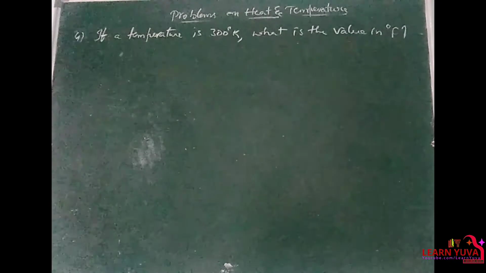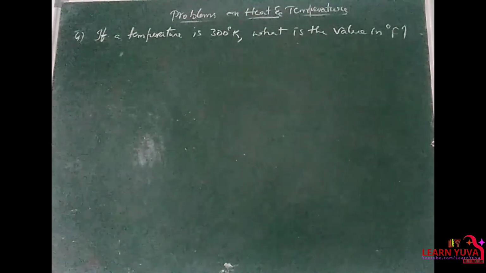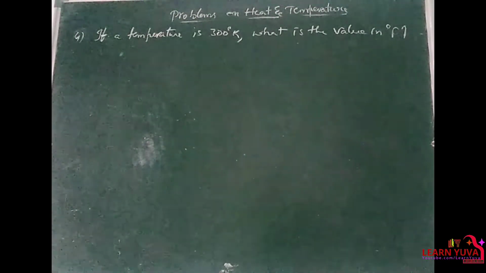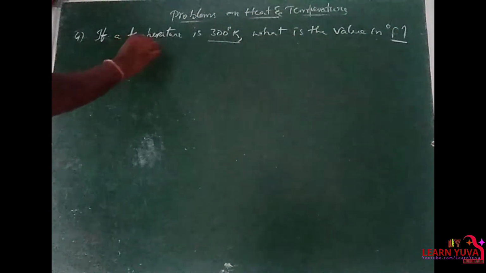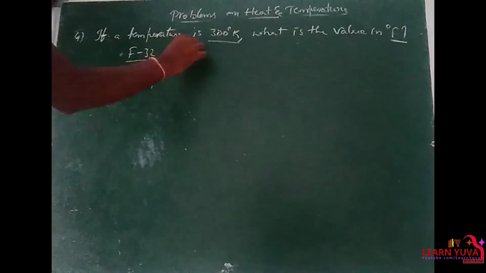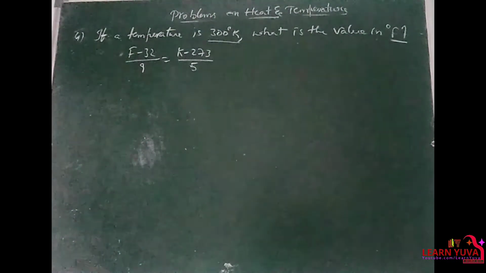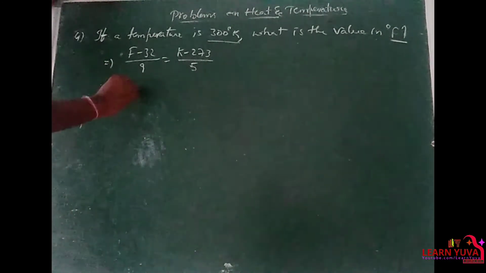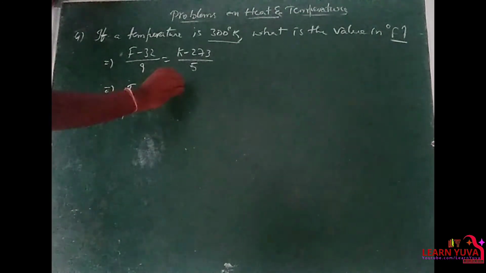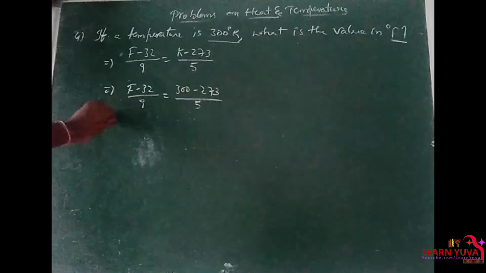Here the temperature is given in degrees Kelvin, and we have to find the value in Fahrenheit. So we have to take the relation between K and F. F minus 32 by 9 is equal to K minus 273 by 5. There is a relation between these two scales. We have to find the F value. The K value is given, so F minus 32 by 9 is equal to 300 minus 273 by 5.